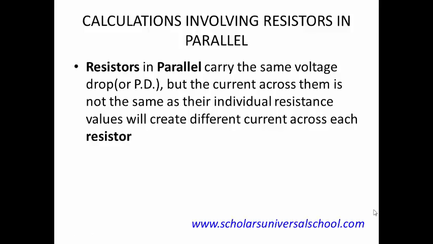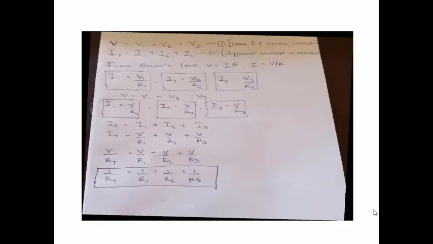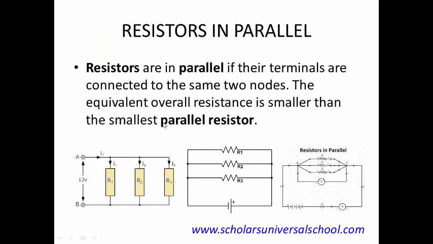As we have rightly said, in parallel connection of resistors, we have the same potential difference, the same voltage drop, across every one of the resistors, and different current flowing through each of them.